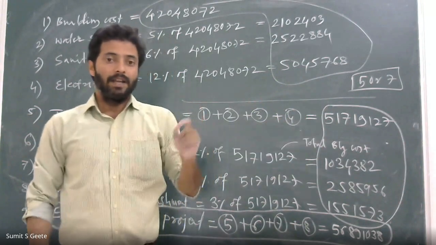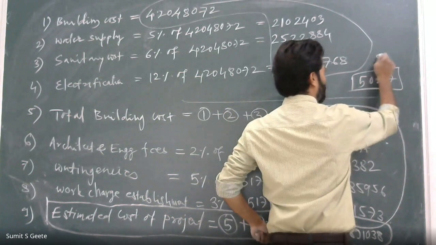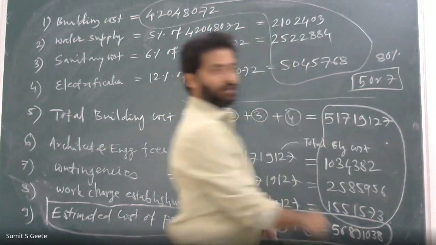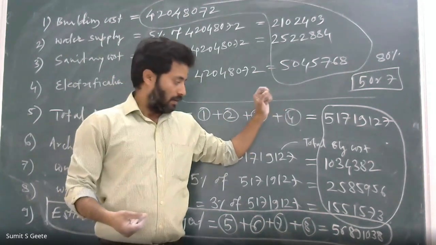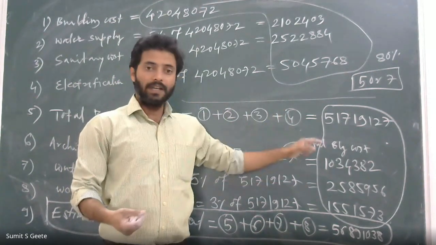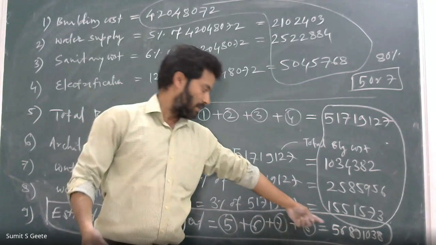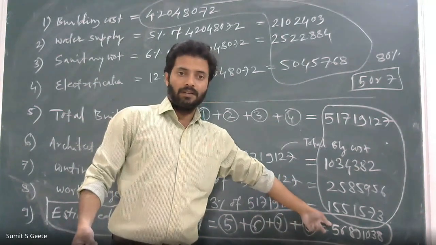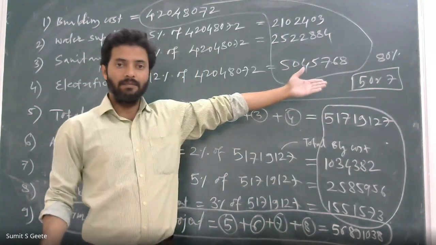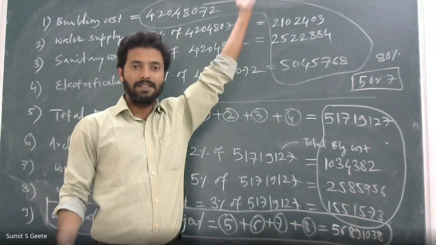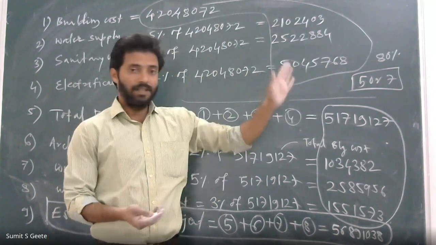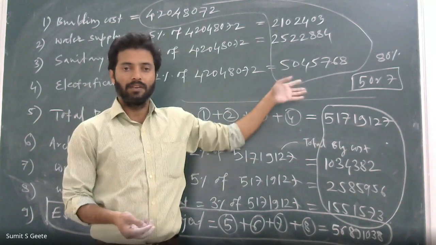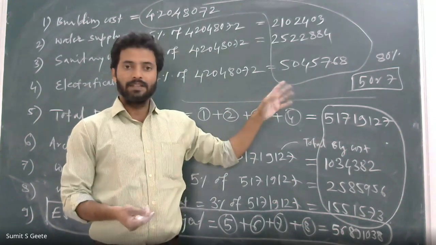But still, 80% of people do not find the correct answer. So if it is 5, 7 or 10 marks, we will simply deduct 3 to 4 marks. If it is 7 marks, then we will give hardly 2 or 3 marks. If it is 5 marks, then hardly we will give 4 marks.